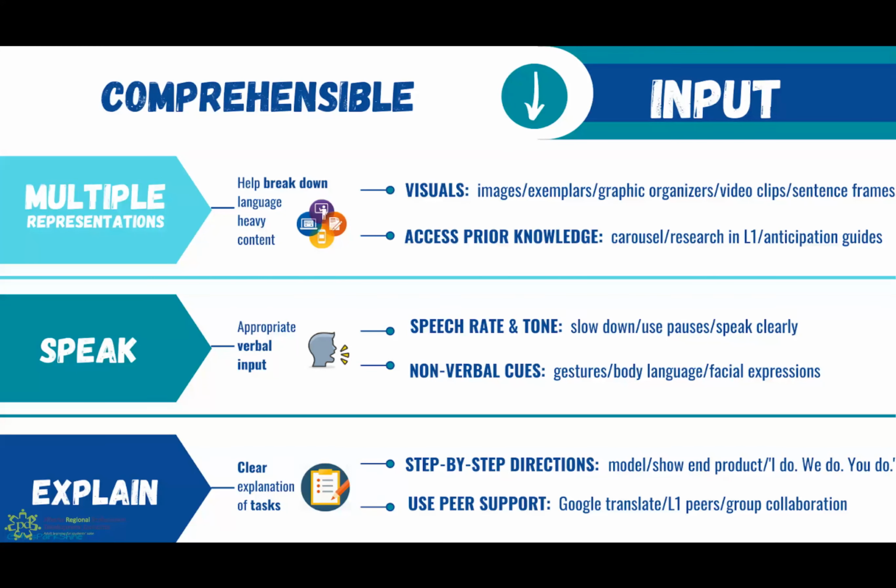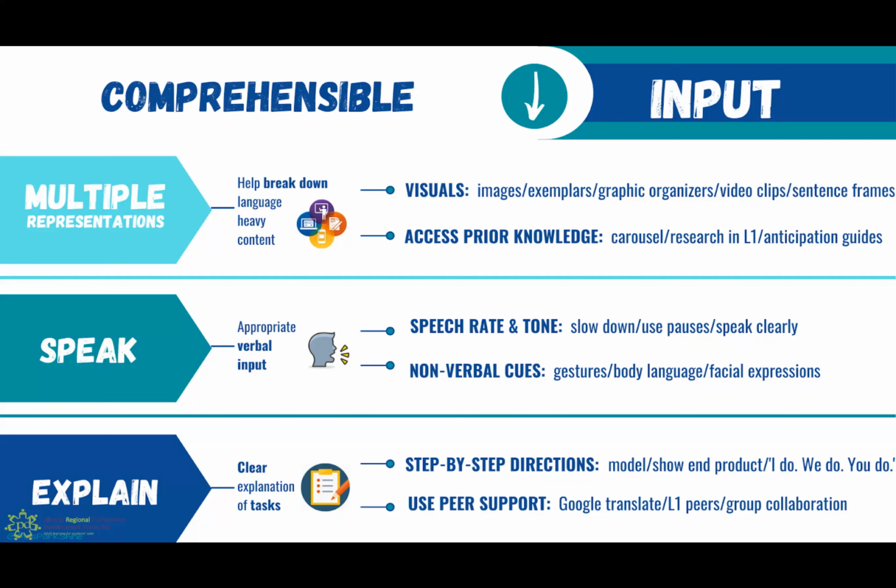And additionally, I'm giving you just some background to think about before we get into the meat and potatoes of this session, but just thinking about comprehensible input. Is there something that I could have done with that activity to make it more comprehensible for you? And thinking about, even in our instruction, some different ways of making things comprehensible. So one, having lots of multiple representations, breaking down that language heavy content by using some visuals.